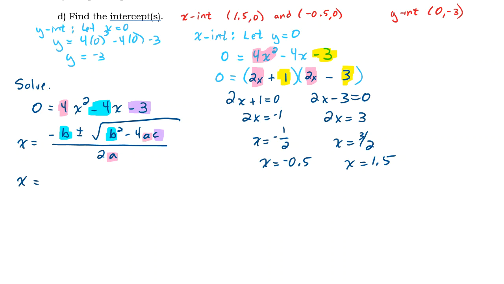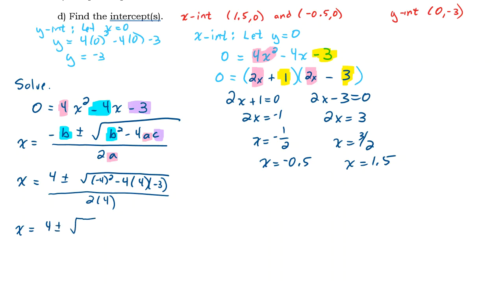All right, so x equals the opposite of b. So that's going to be +4 plus or minus the square root of -4 squared minus 4 times a, which is 4, times c, which is -3, all over 2 times a, which is 4. So we're going to use our order of operations underneath that square root. -4 squared is 16. 4 times 4 is 16, times 3 is 48.